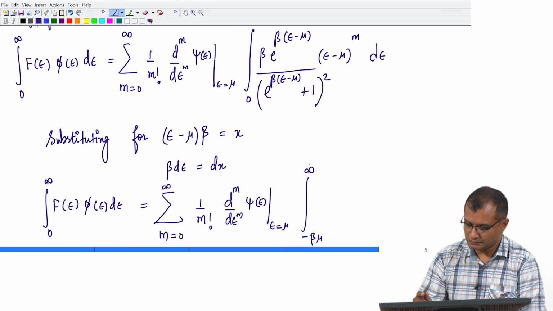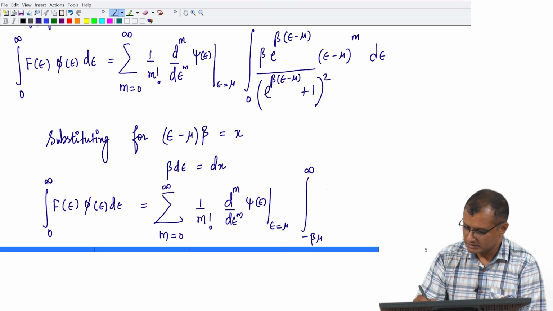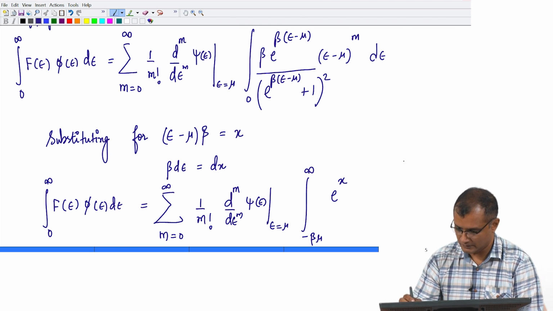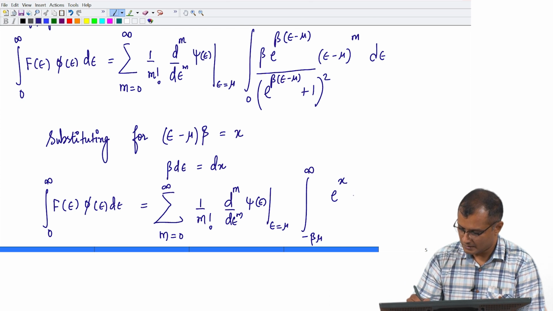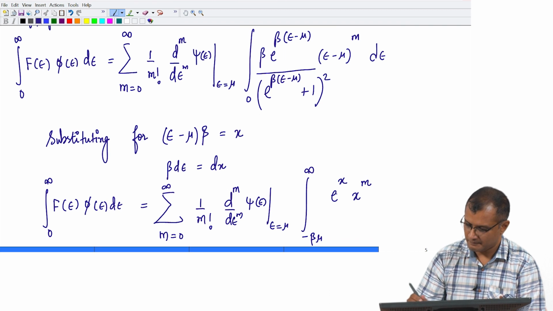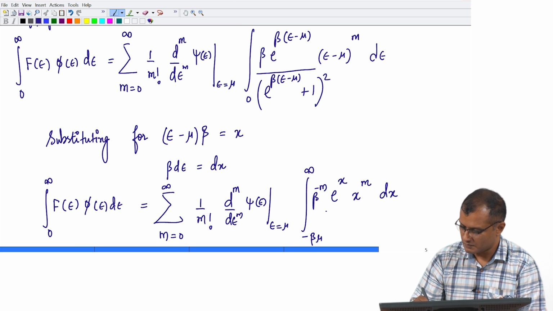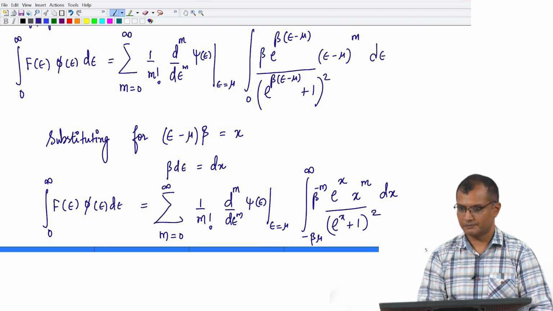With the substitution E minus mu into beta, my integral becomes e to the power x into x to the power m into beta to the power minus m into dx over e raised to x plus 1 the whole square, fine.